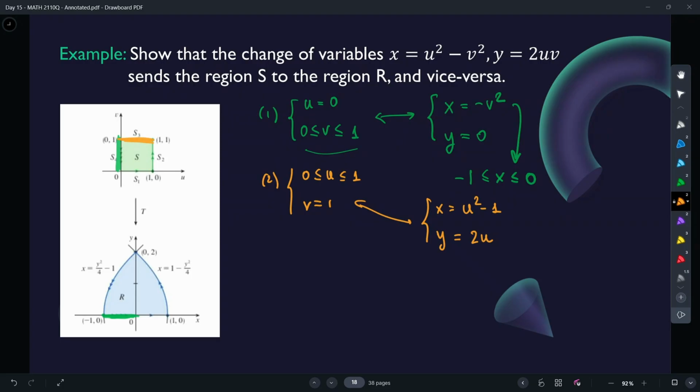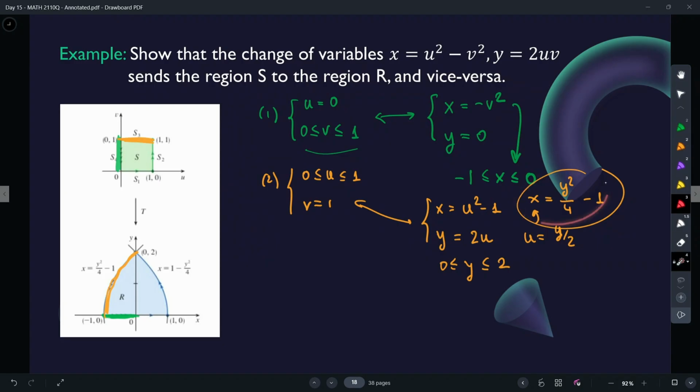So that tells me that u is y divided by 2. And if I plug in here, that tells me that x is y squared over 4 minus 1. So the y is going from 0 to 2, and the x is given by that function. So you can see then that it is actually being mapped to this line, because that is precisely x is y squared over 4 minus 1, and the y is going between 0 and 2.